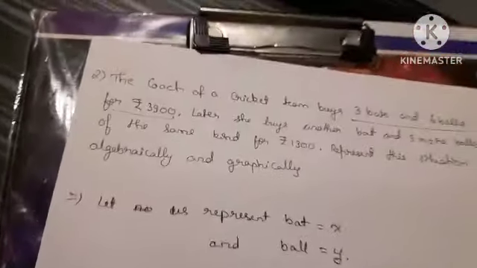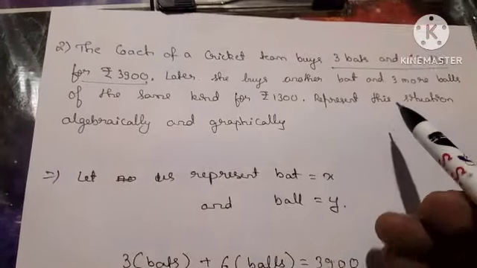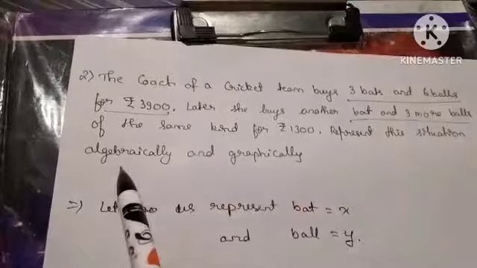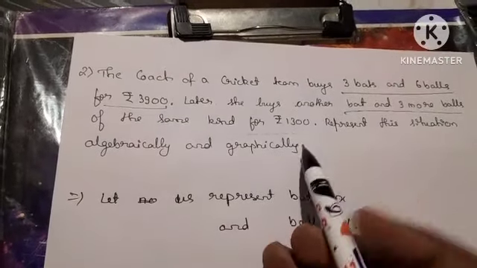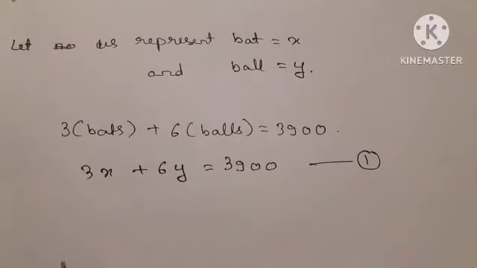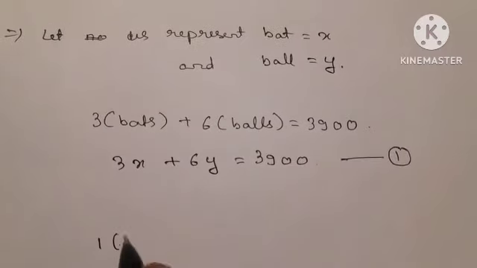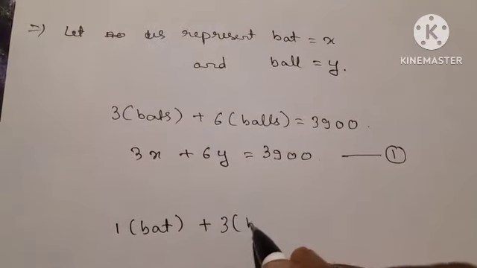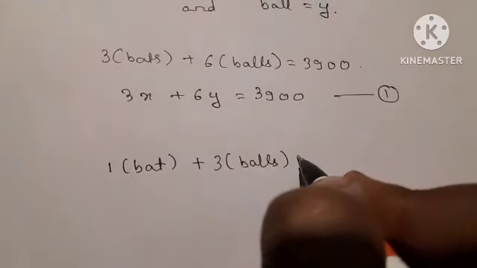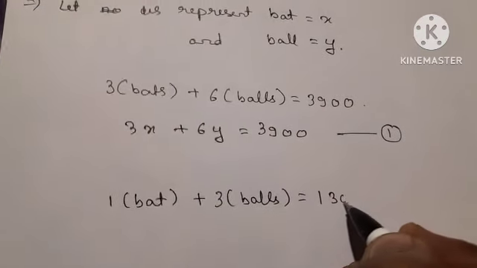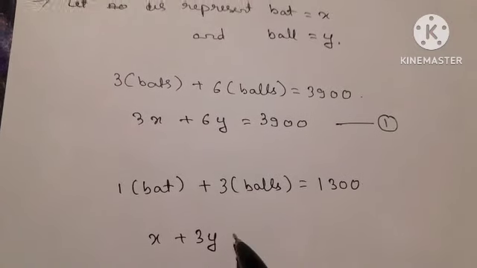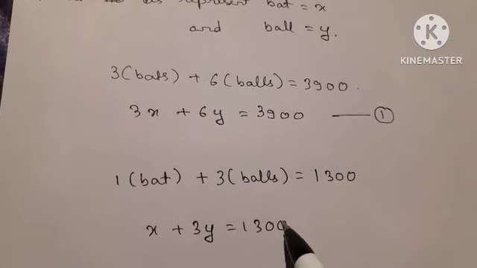Similarly, the second statement: another bat and 3 more balls of the same kind for rupees 1,300. So we can say that 1 bat plus 3 balls cost rupees 1,300. It can be written as x plus 3y equal to 1,300.